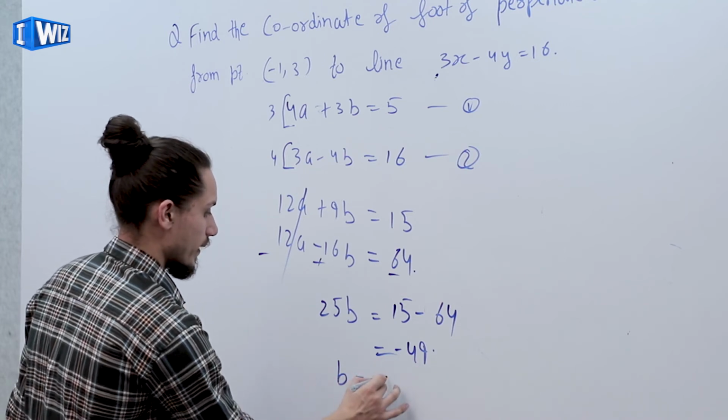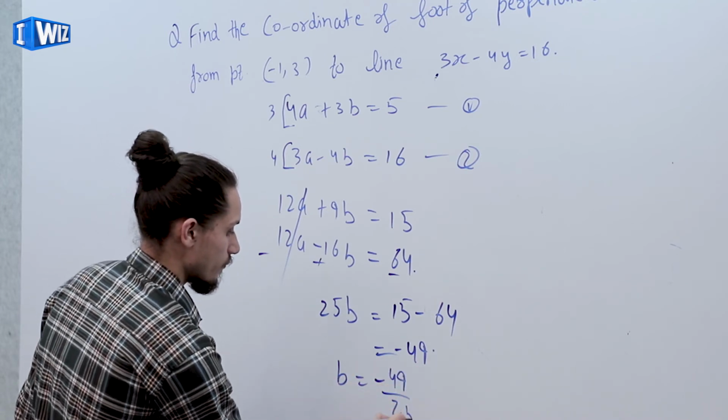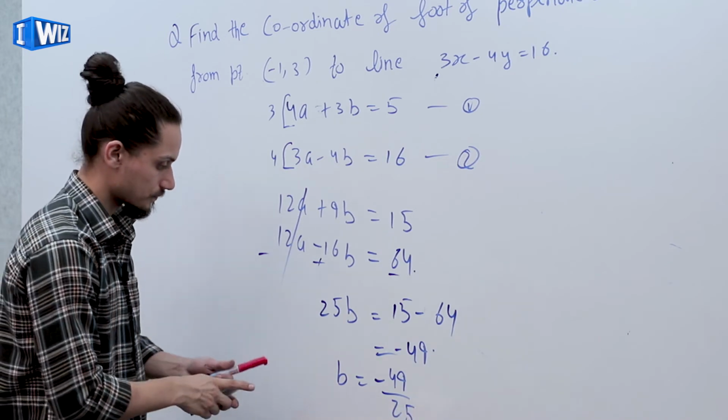So b is equal to minus 49 upon 25. ये आ गई हमारे पास b की value.